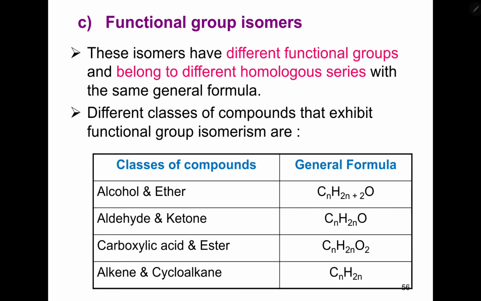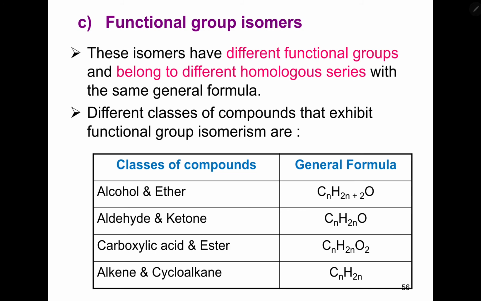The general formula is CnH2n+2O. Aldehyde and ketone. The general formula is CnH2nO. Carboxylic acid and ester. The general formula is CnH2nO2. And alkene and cycloalkane. The general formula is CnH2n.